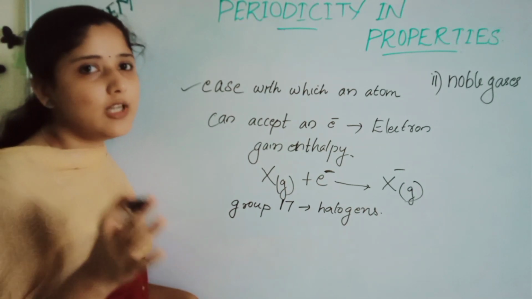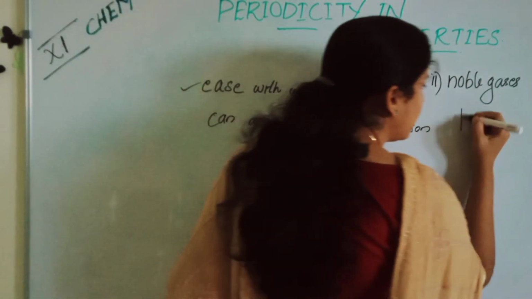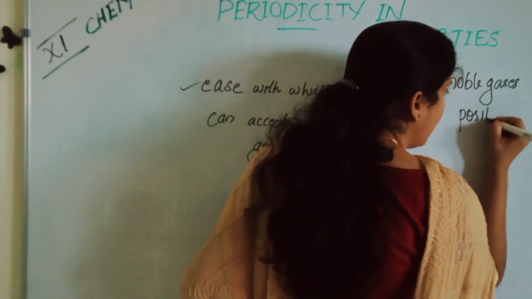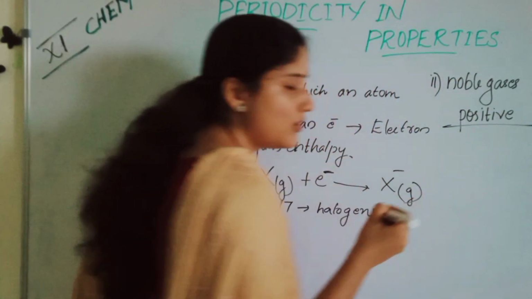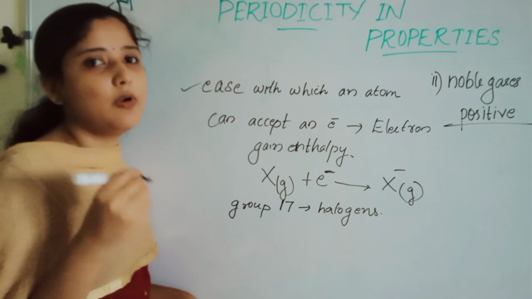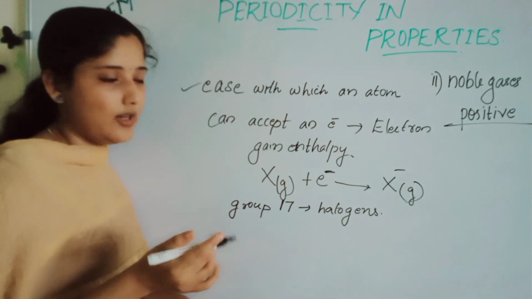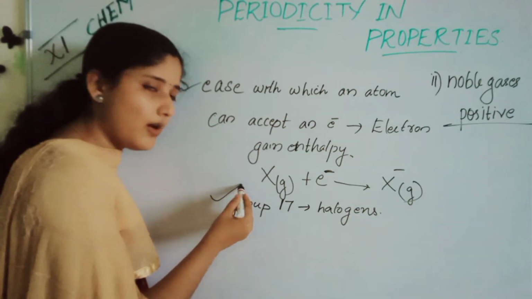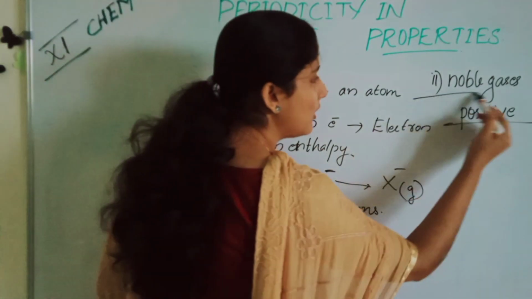We have already studied the electronic configuration. For them the electron gain enthalpy will be positive, because it is highly difficult to add an electron to a neutral atom with a highly stable configuration. But to attain stability, it will be easy to add. So for halogens it is highly negative, and for noble gases the electron gain enthalpy is positive.